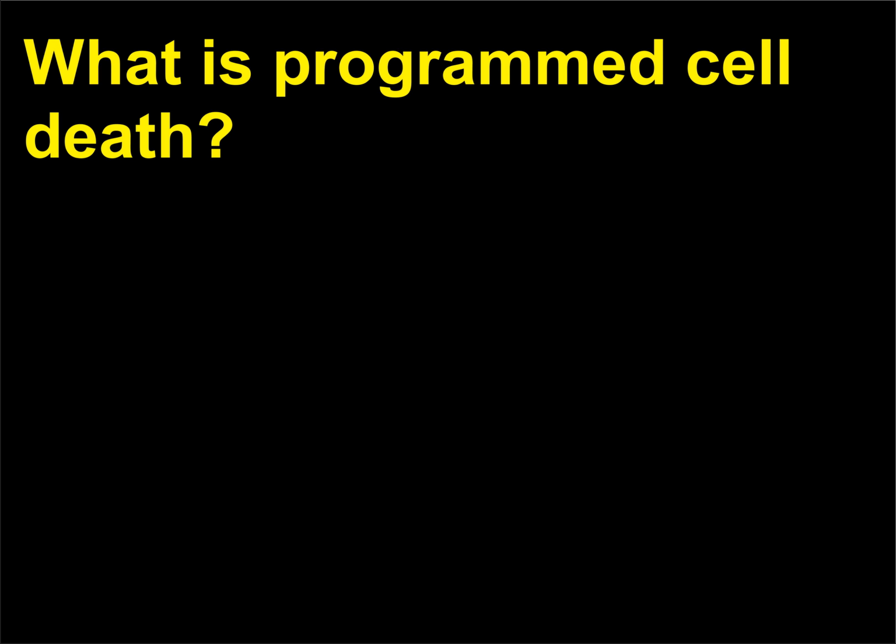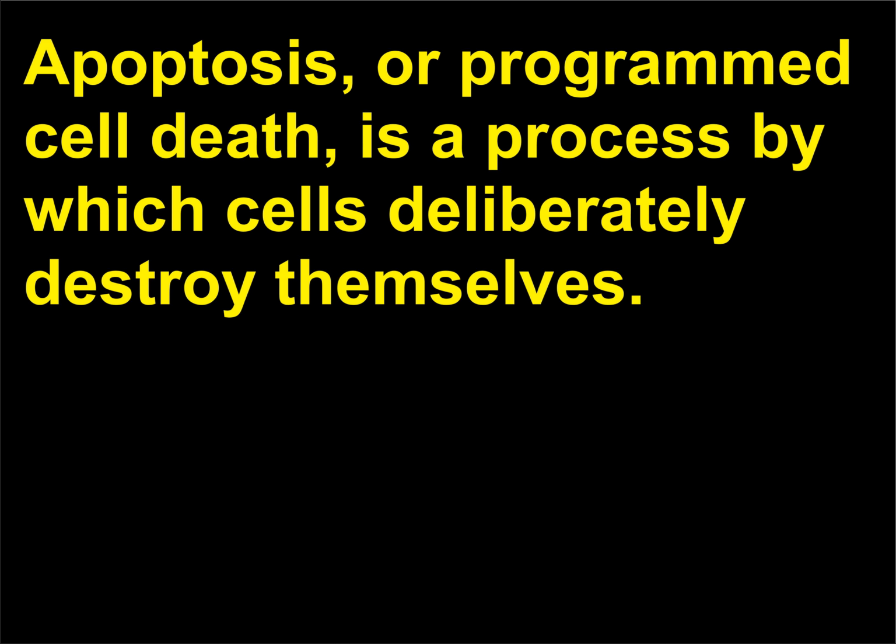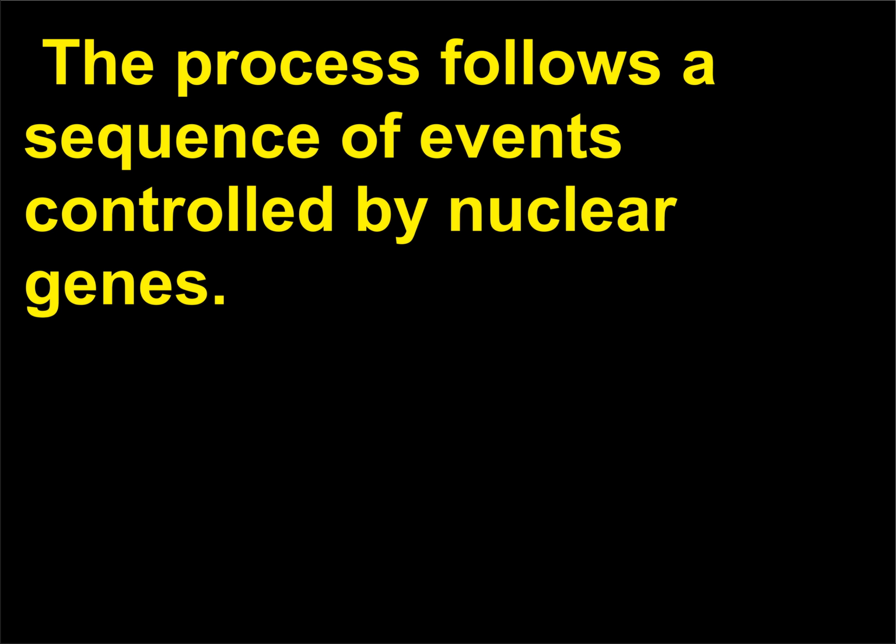What is programmed cell death? Apoptosis, or programmed cell death, is a process by which cells deliberately destroy themselves. The process follows a sequence of events controlled by nuclear genes.